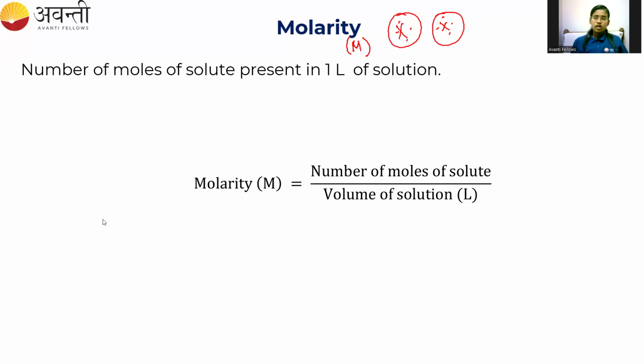Suppose the number of moles is not given to us in the question, and instead we are provided with only the mass value. In that case, what will you do? How will you find out the number of moles?